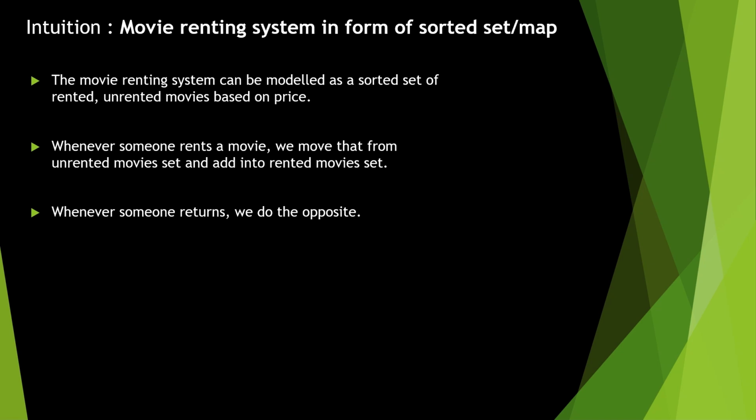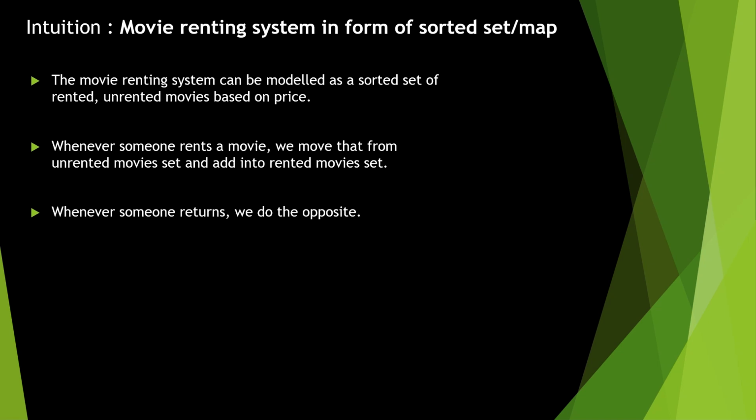For example, it is asking us to give all the shops that carry the movie, sorted by price. So we can think this is a typical mapping function where we have a map of all the shops from a movie, and that is sorted. So this is a typical use case where the map comes into the picture.